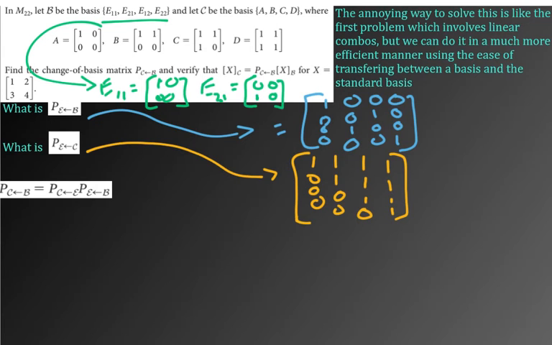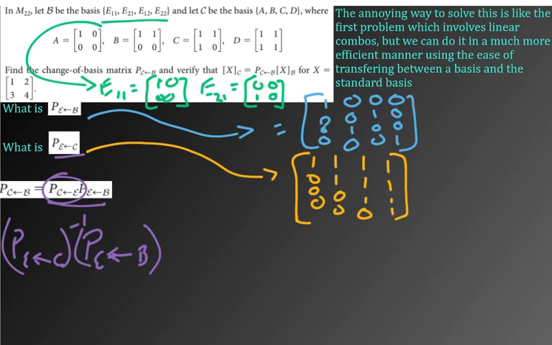To do B to C, it's equivalent to B to E and then E to C. Well, we just talked about how the inverse of this one would be P that sends E to C. So if you just do a matrix multiplication of P that sends C to E inverse, multiplied by P that sends B to E, that matrix multiplication will be equivalent to sending B to C, because you'll go B to E, and then you'll be in E, and then you'll go to C. So it's really a shortcut almost.